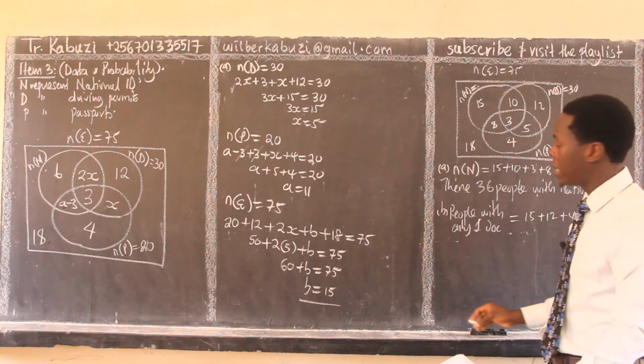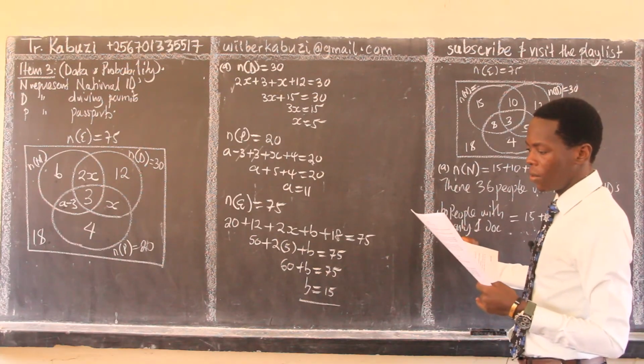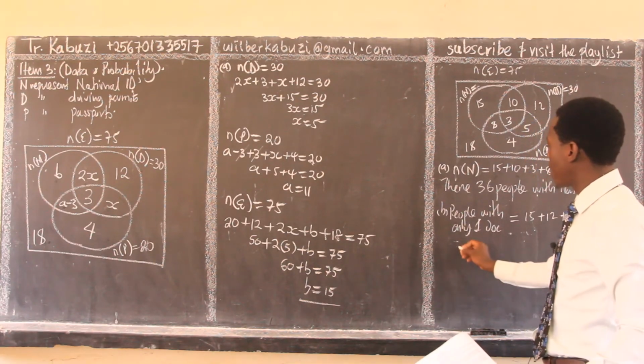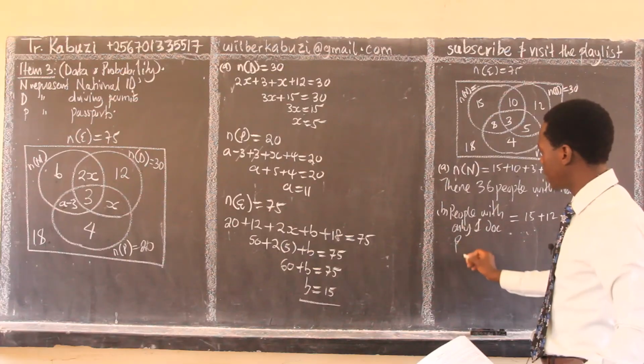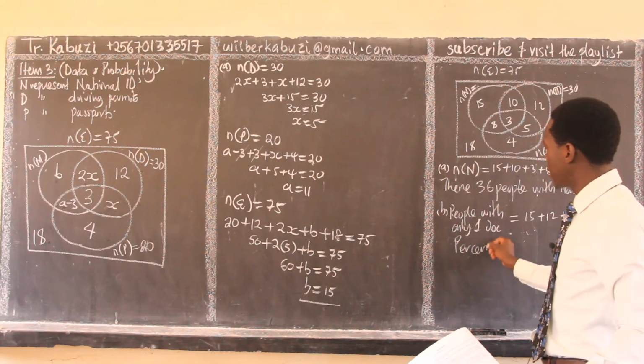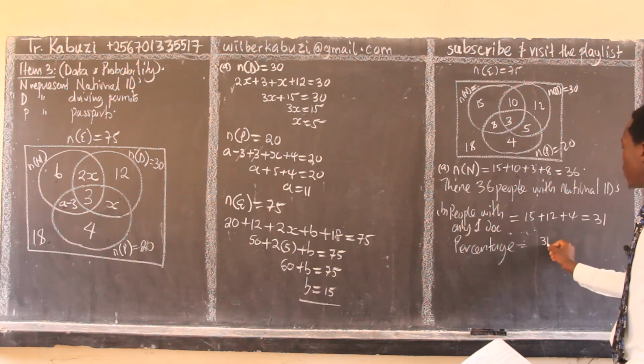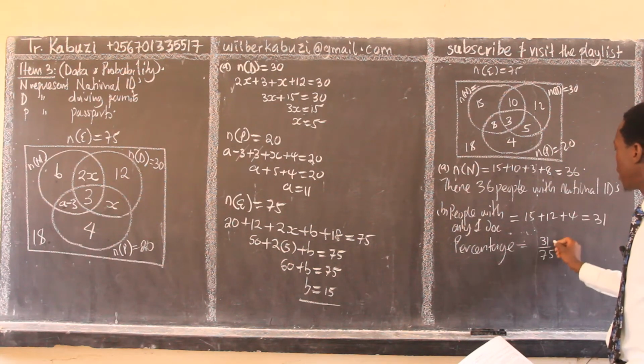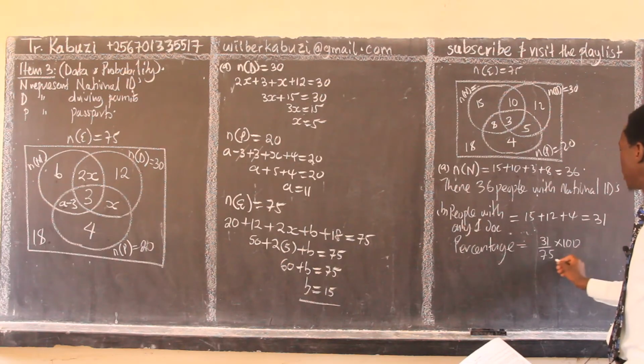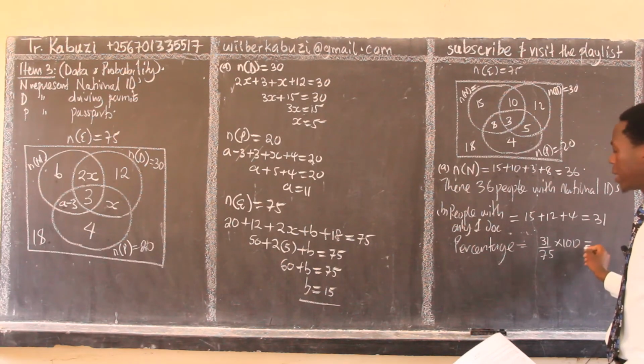Now we get their probability, or their percentage. Their percentage will be 31 over 75 times 100. What do we get there?